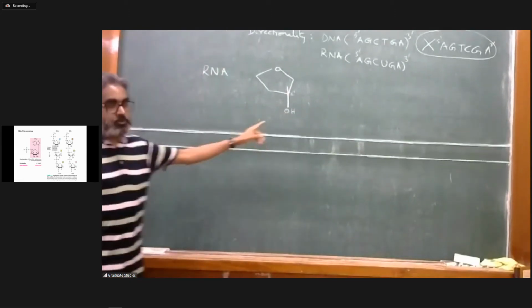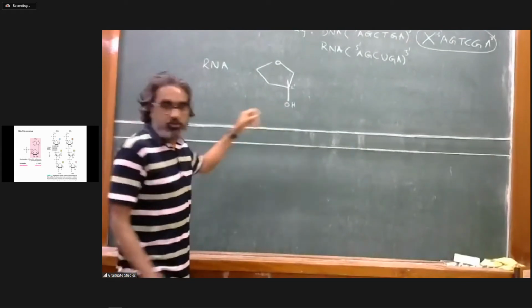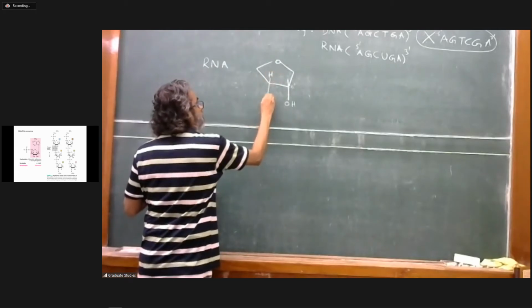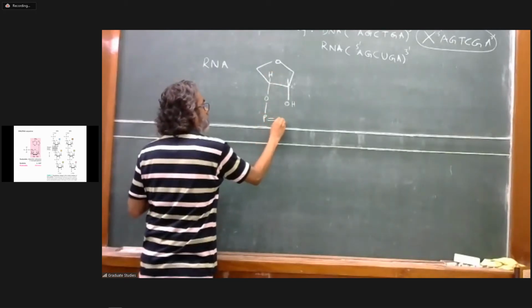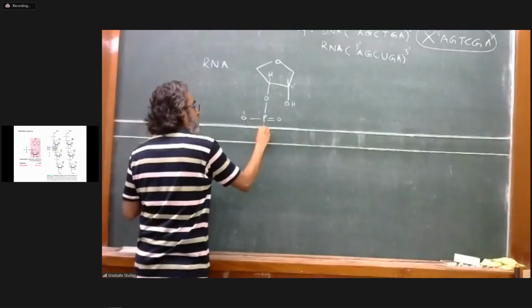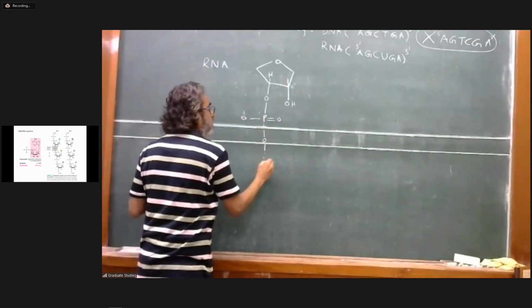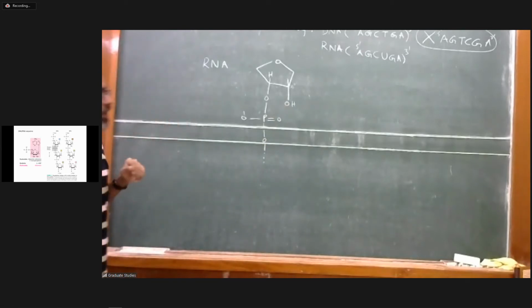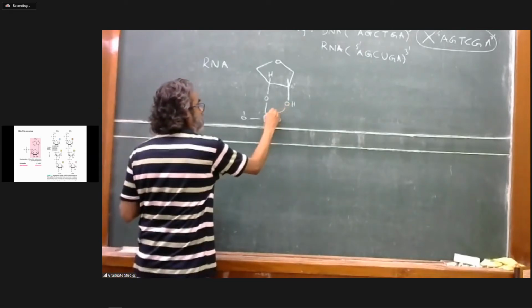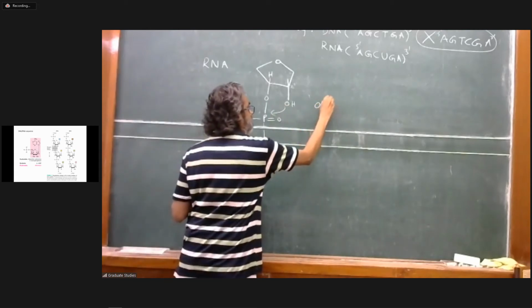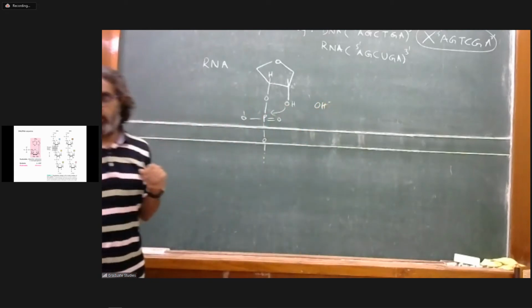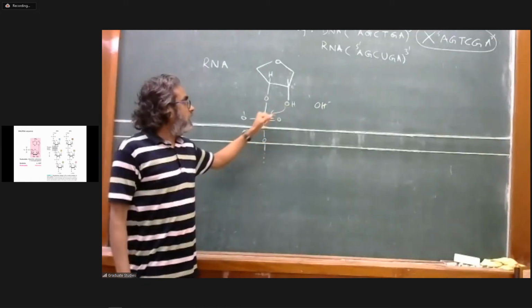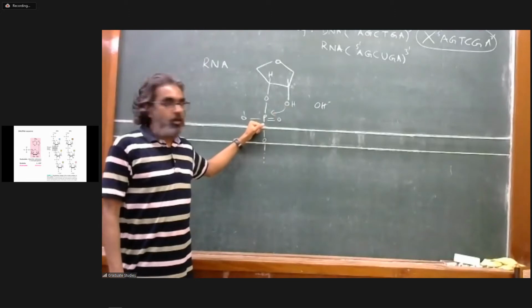This OH is absent in DNA, so that's why it's called deoxy. Now when you have the phosphodiester linkage, this oxygen can attack. This is base catalyzed: if you have an alkaline medium, it can activate this, and then this can attack the phosphodiester bond, and there is a cleavage.